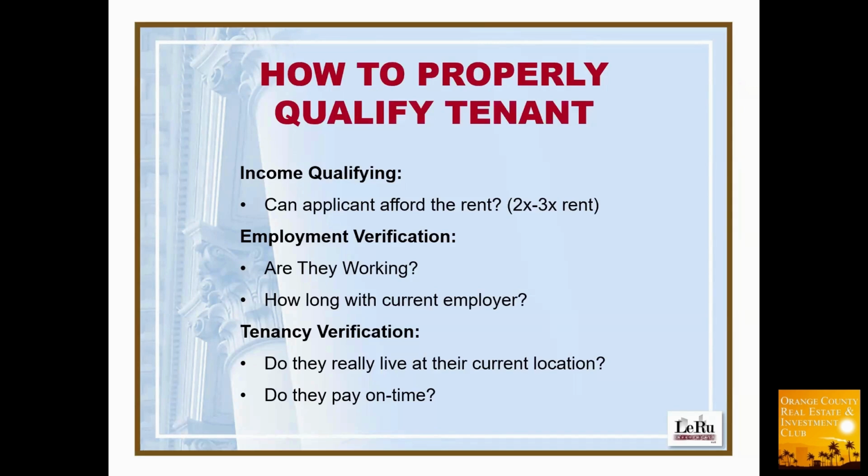You cannot do that. You can get in trouble for that. So that's why you need to have your qualification criteria written down, and make sure that you follow it, so that you don't get accused of discriminating against somebody, because you have a system in place and you're using the same rules for everybody.